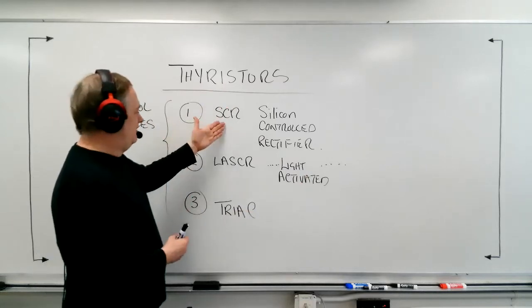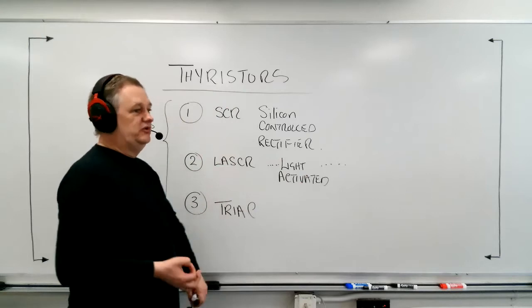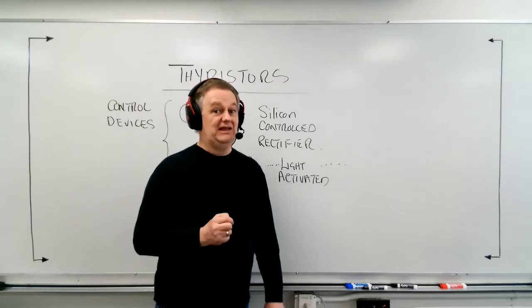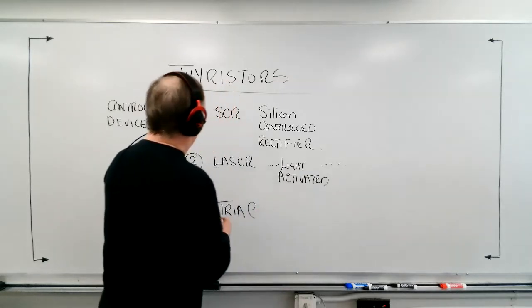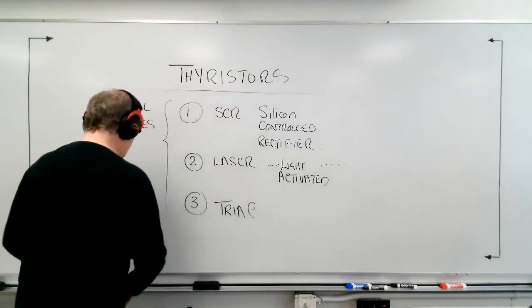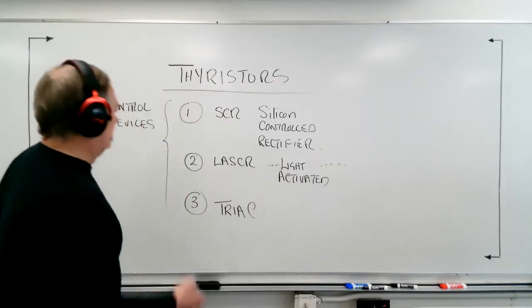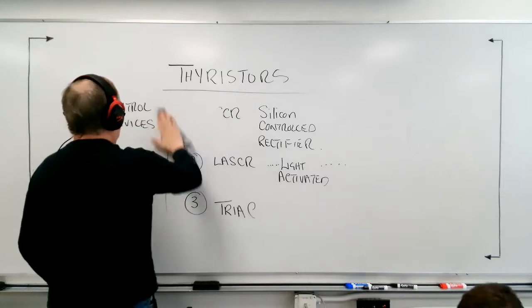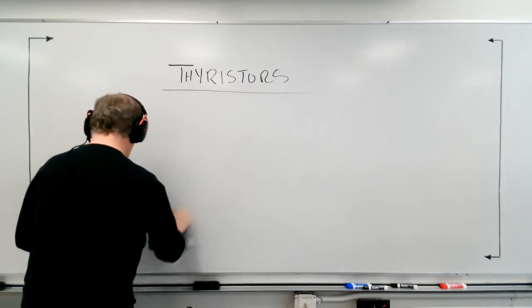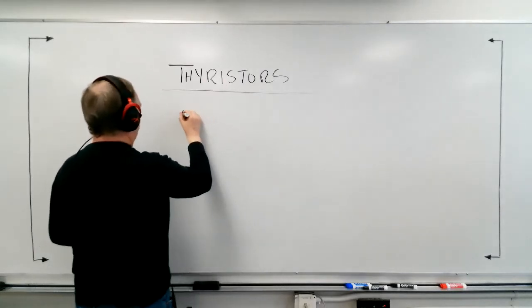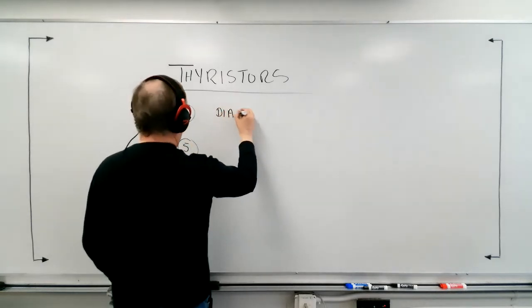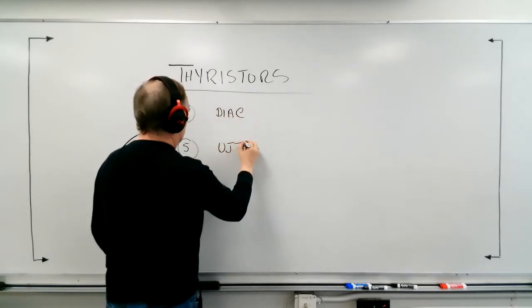Then, because these components use a gate, in other words they operate with an impulse applied to a third lead on the component, if we have control devices, what we need in addition is something to actually control that pulse. Those we call trigger devices. Numbers 4 and 5 are the diac and the UJT.